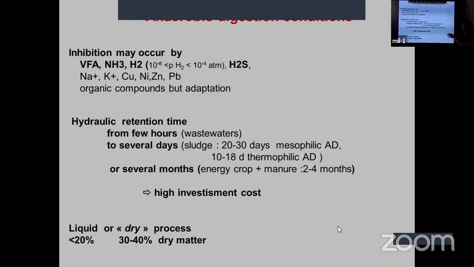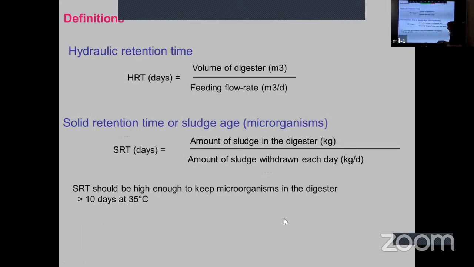It is the case of energy crops or manure, which can have 2 to 4 months retention time. So high retention time means high digester volume and so high investment cost.